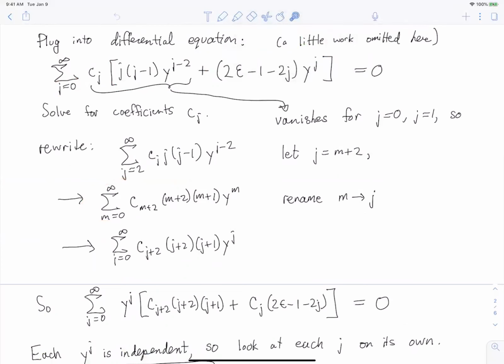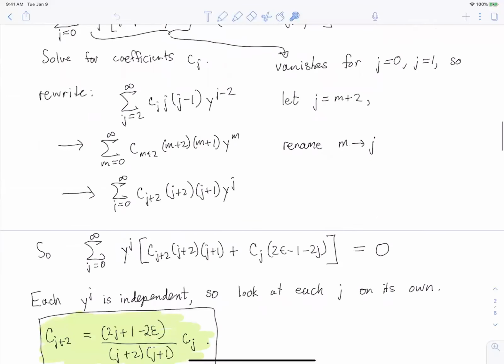To do that, we had this change of variables that we're summing over, namely J to M. But then in the end, we want to combine it with this term again. And so that's the only reason. We wanted to rename it so that they're both sums over J. And so when we rewrite it, we can combine them into a single sum over J here. That's the reason for renaming M to J.